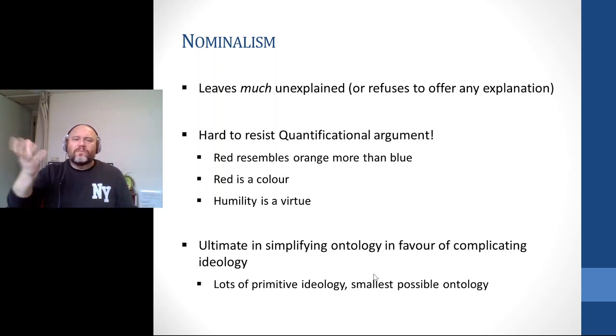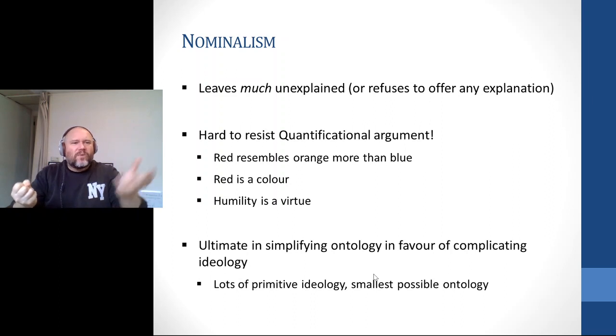Or do we want to go hard in on ideology, lots of primitive predicates, and maybe get away with a slightly lighter or more reduced ontology? So a resemblance nominalist is a good example here. Resemblance is taken to be primitive, and then all we have to postulate on our ontological side are objects, particulars.